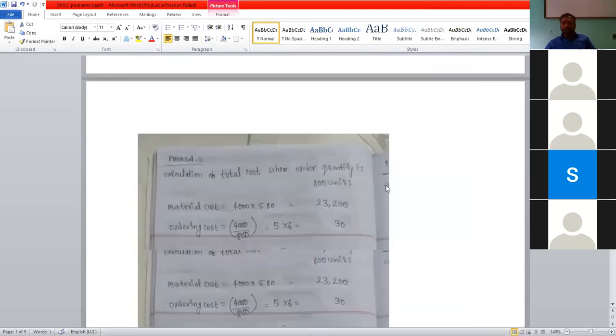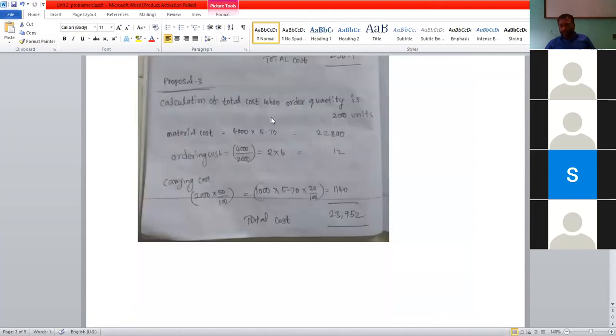So now observe proposal 3. The calculation of total cost when order quantity is 2,000 units. The material cost here for 4,000 units at the rate of 5.70, you are getting 22,800. And then ordering cost: for 4,000 units you want to give orders of 2,000 units each, so 2 orders. Per order he has given in the question is 6 rupees. So 2 multiplied by 6, you are getting 12 rupees ordering cost.